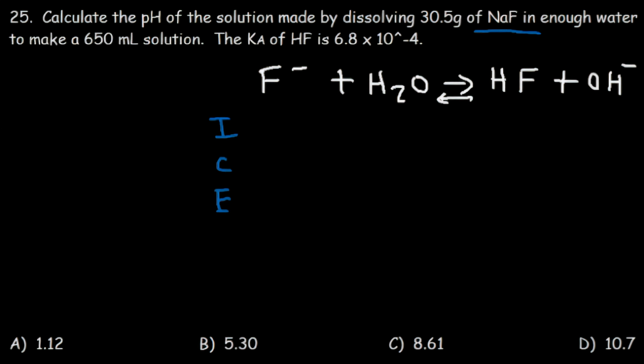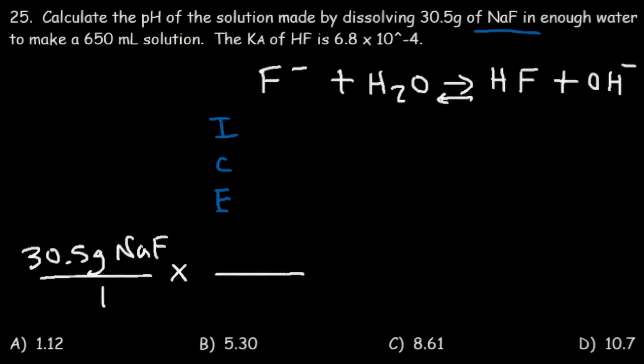We need to find the initial concentration of fluoride. We're given 30.5 grams, so let's convert that. So 30.5 grams of sodium fluoride over 1. Na has a molar mass of 23, and fluorine has a molar mass of 19. So the molar mass for NaF is 42 grams per 1 mole. And we need to convert it to molarity, so we need to divide by liters now that we have moles.